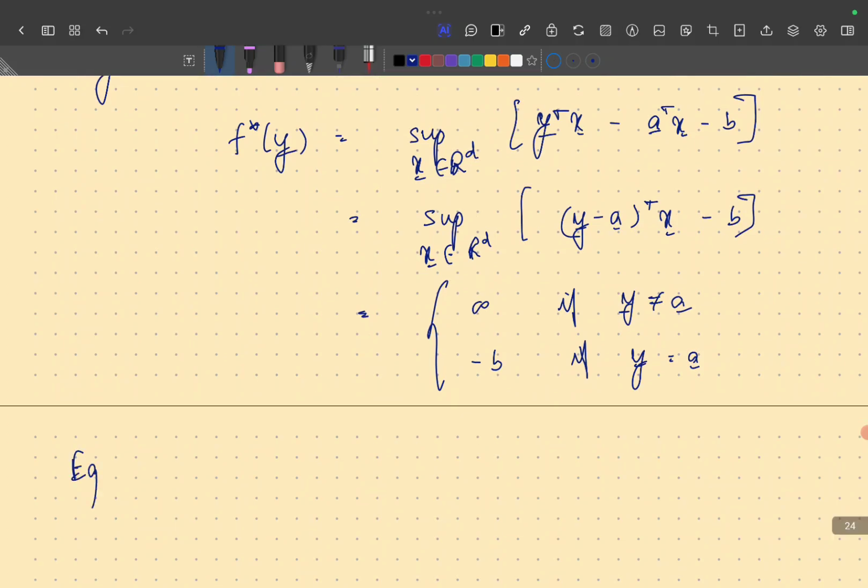Let's take another example. f of x is equal to, let's say, ax squared plus bx plus c, single variable.